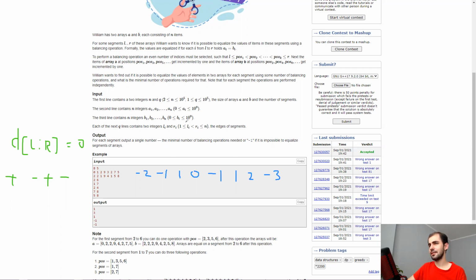because I was thinking, okay, you see these two guys here with a sum of -3. You can't have one operation that affects two of these guys because there is no minus in between them.